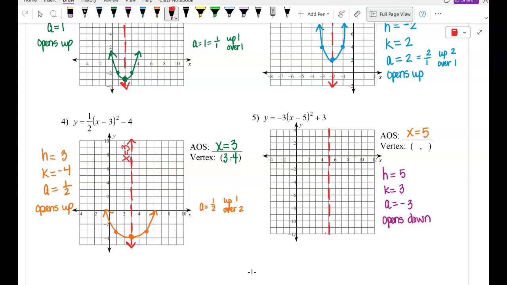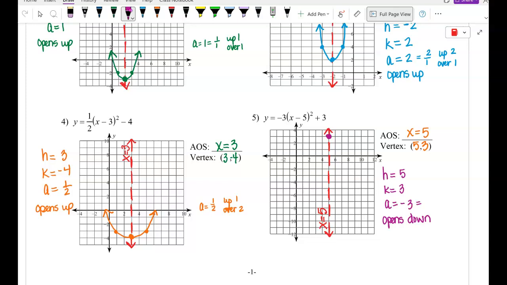That is the auxiliary line showing us where our parabola is going to be cut in half. And what is my vertex? 5, 3, just bringing my h and my k together. So on my axis of symmetry falls my vertex at 5, 3.